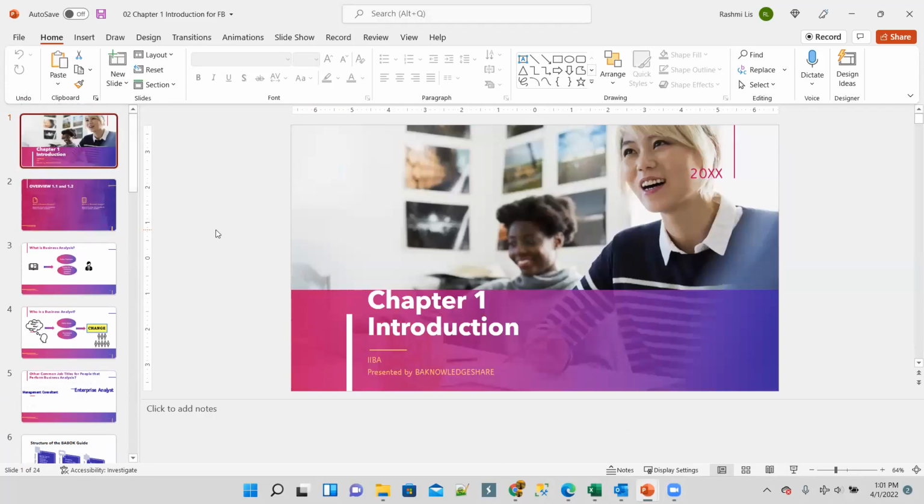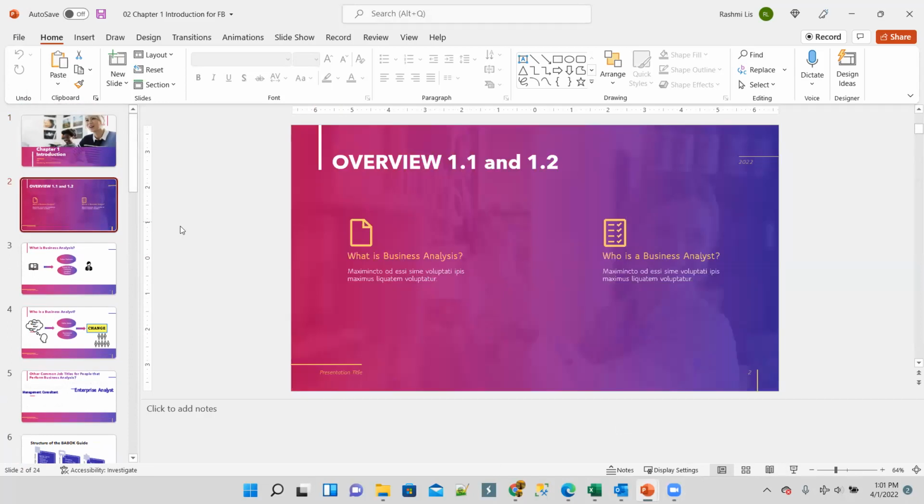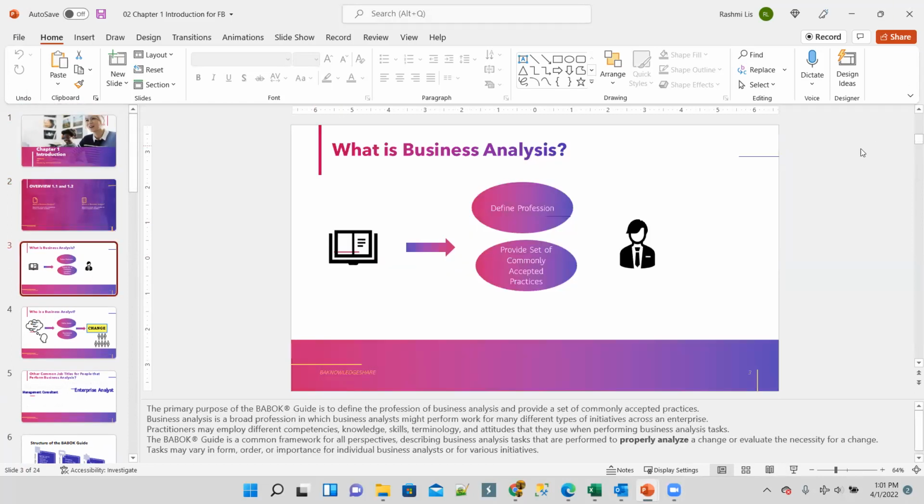So the introduction chapter covers things like, what is business analysis? Who is a business analyst? The BABOK guide says that business analysis is the practice of enabling change in an enterprise by defining needs and recommending solutions that deliver value to stakeholders.